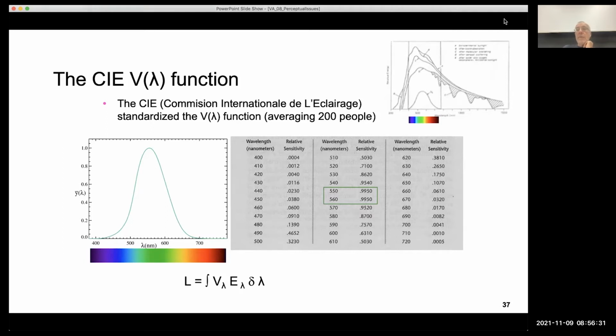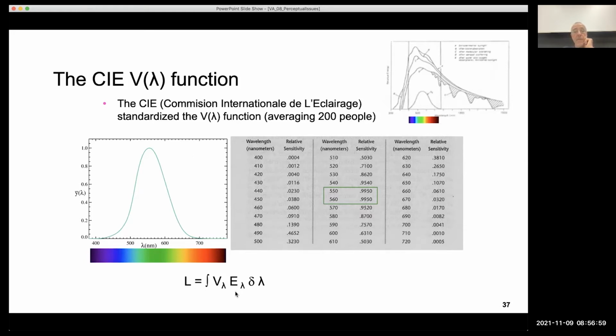And if you remember, we discussed that when I showed you the distribution of the solar power. This is the distribution, the frequency of the power emitted by the sun. There is a clear peak in the visible range, what we are able to perceive, and this shape somehow resembles this formula.